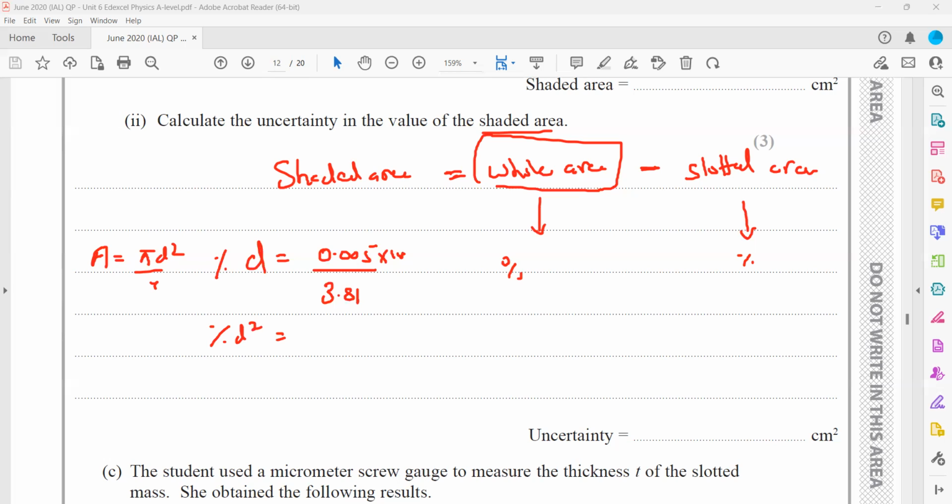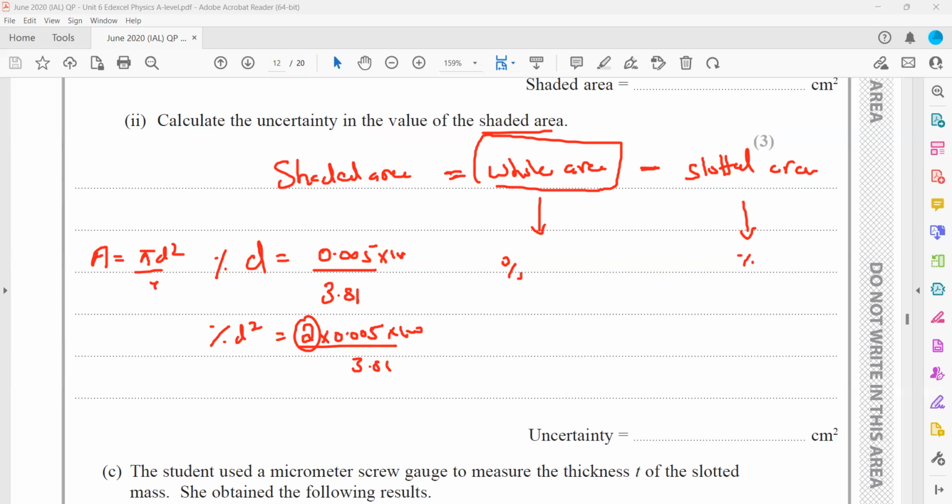If cube, it becomes thrice. If power 4, it is multiplied by 4. So to get d square, it will be twice of this one. This will be the percentage uncertainty in d square.